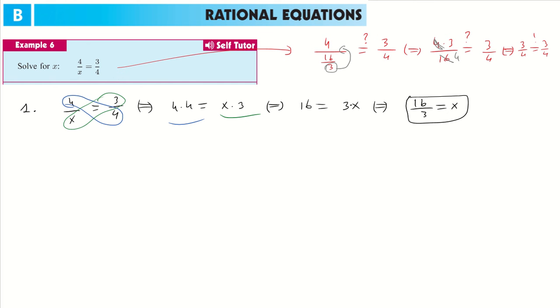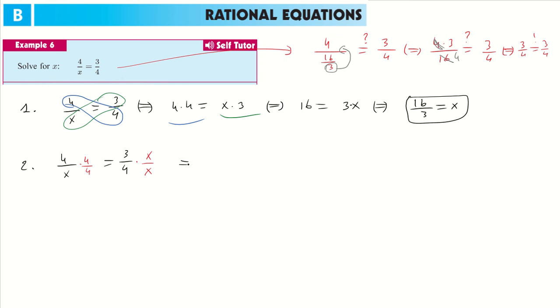Okay, let's do the second method. So I have 4 over x on the left-hand side, and I have a 3 over 4 on the right-hand side. Let's go to the lowest common denominator. I have an x here, I have a 4 there, so I multiply this by 4, divide that by 4, and multiply this by x and divide that by x.